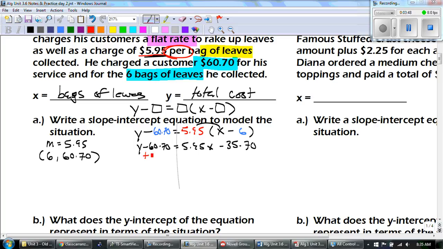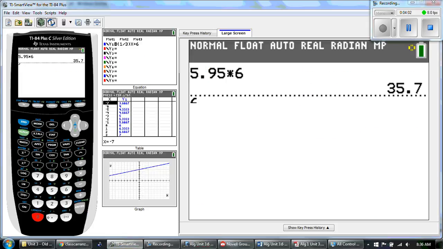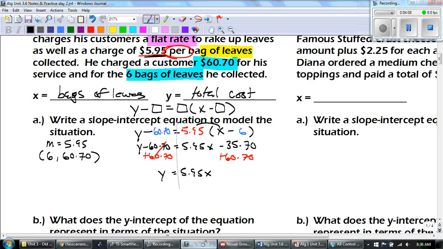And then we need to add the 60.70 to both sides to get that y equals 5.95x. And then we have 60.70 minus 35.70 to get 25. So there we go.